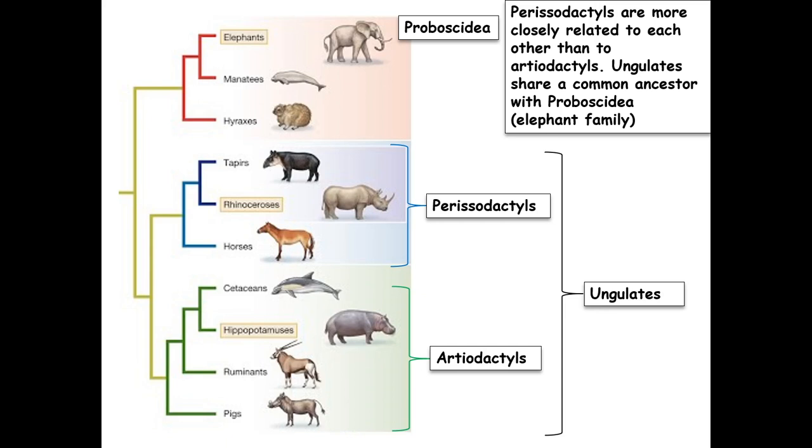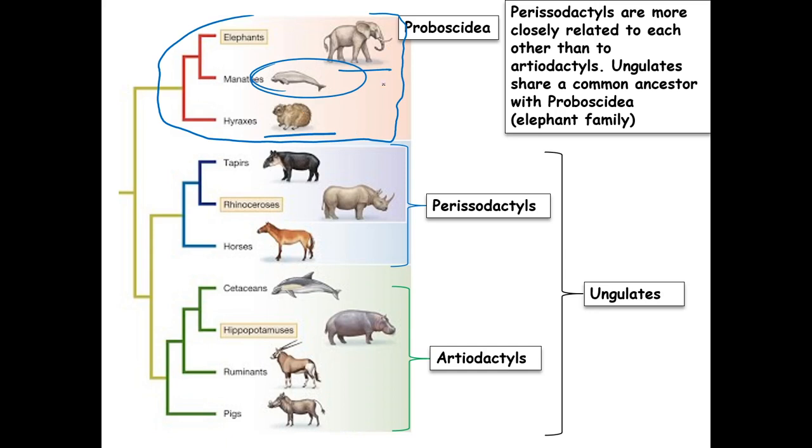So ungulates share a common ancestor with Proboscidea, the elephant family. It's kind of funny, like I said, what Proboscidea consists of are elephants, the hyrax, and manatees. So they are somewhat related to the ungulates, but the perissodactyls, here's the perissodactyl group, right?